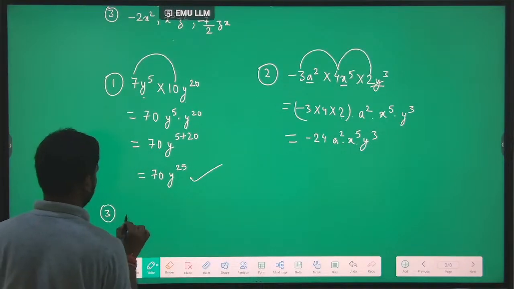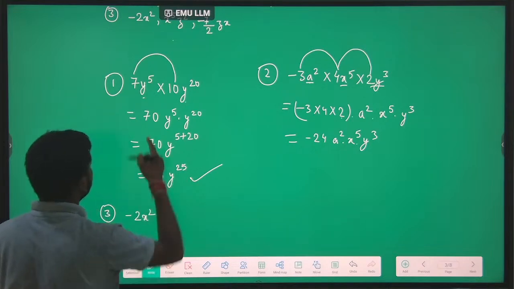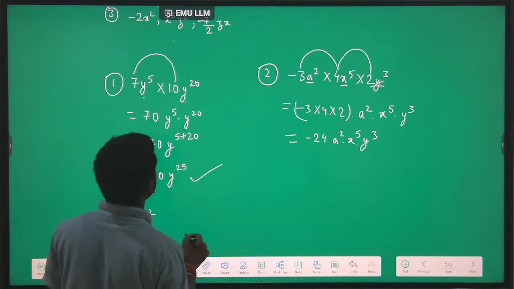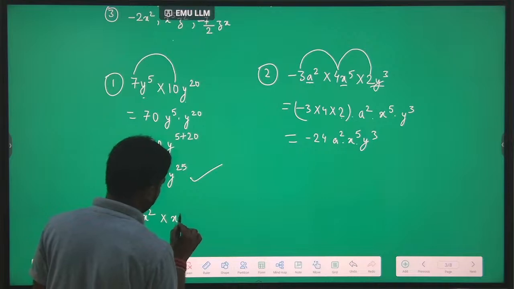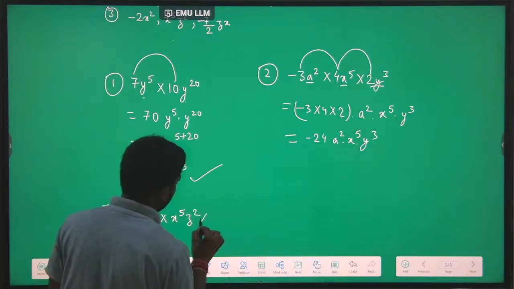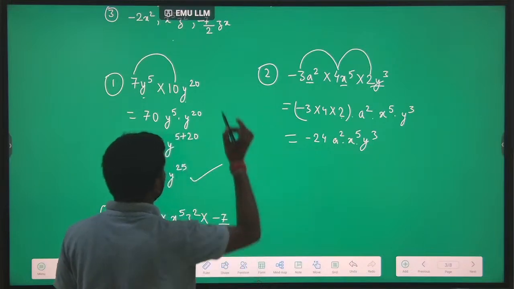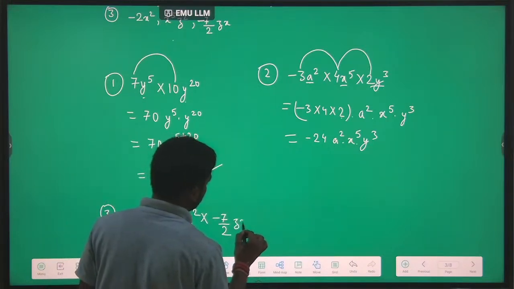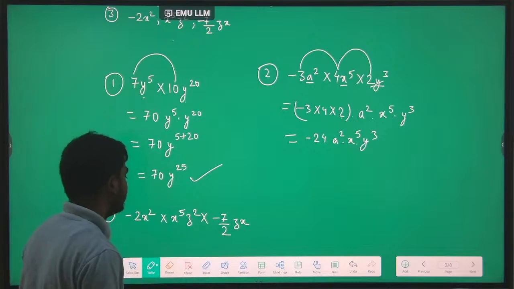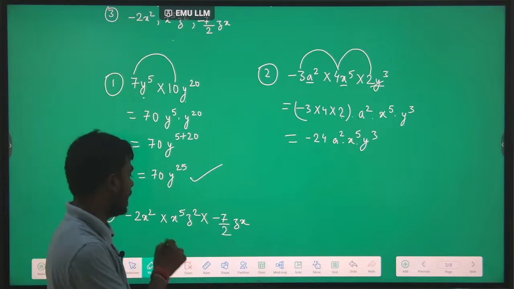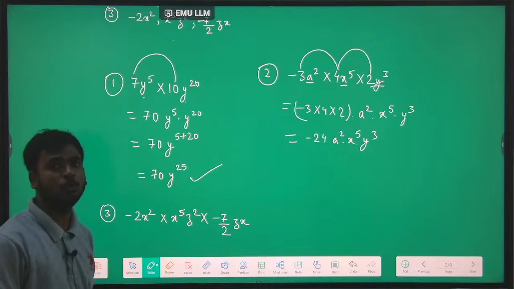So we will multiply minus 2x square with x to the power 5 z square, multiplied with minus 7 upon 2 zx. So we have to multiply these three monomials.